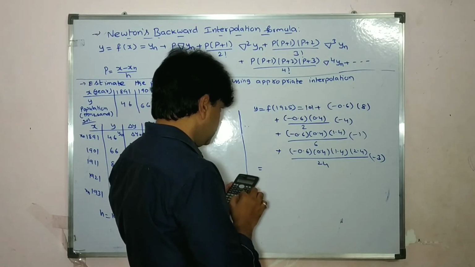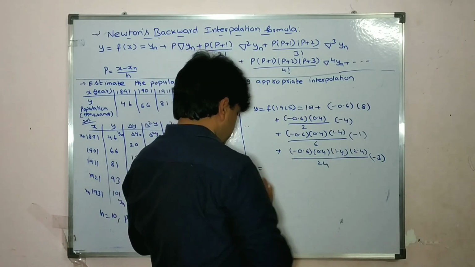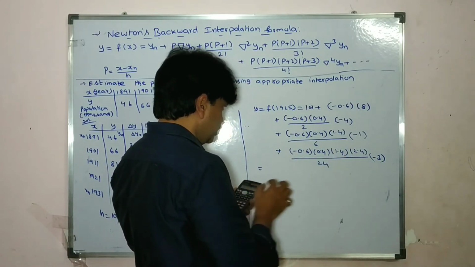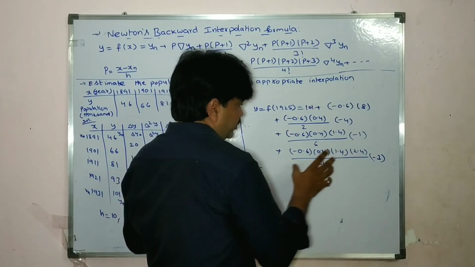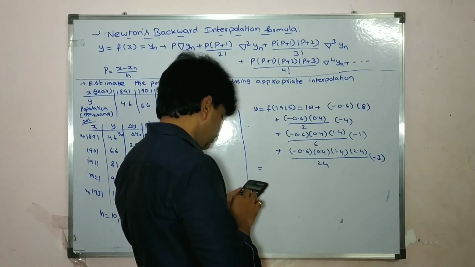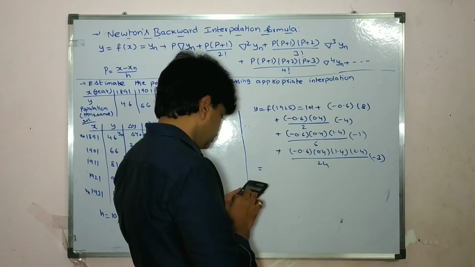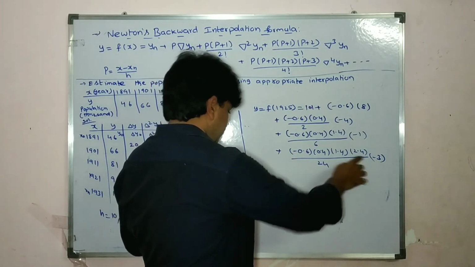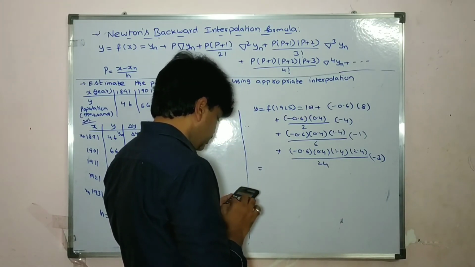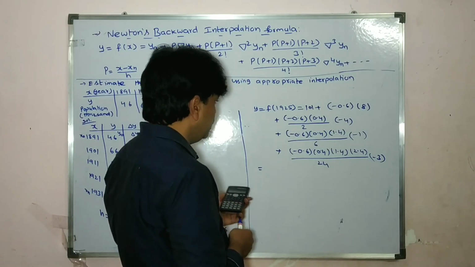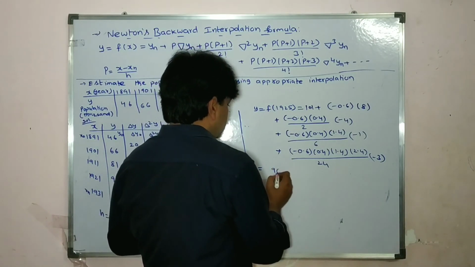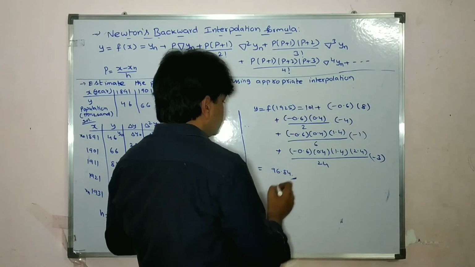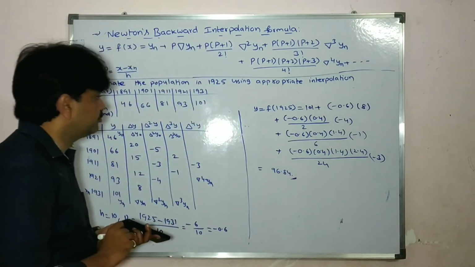Again plus, five terms in the bracket: 0.6 into 0.4 into 1.4 into 2.4 into 3, bracket close, divided by 24. That is equal to 96.84.